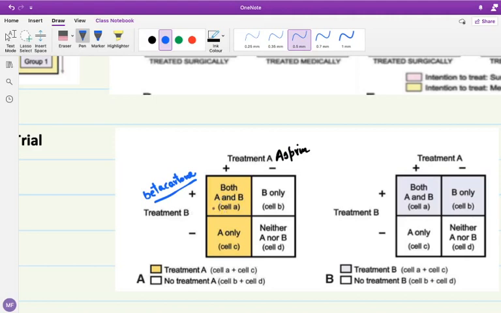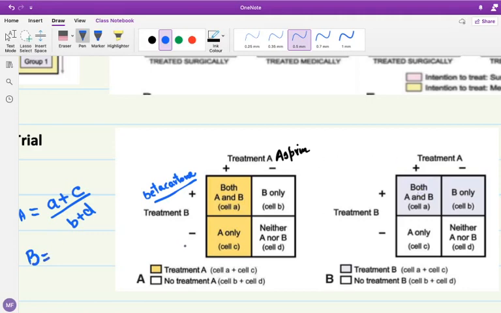So in this case, how are we going to assess treatment A? Our strategy would be, if we sum up A plus C and divide it by B plus D, that's the value we are going to obtain for treatment A. Okay, and for treatment B, you can see the change in color over here as well.